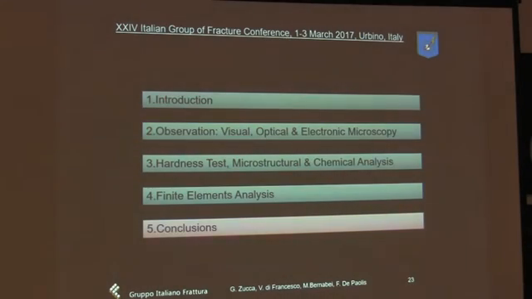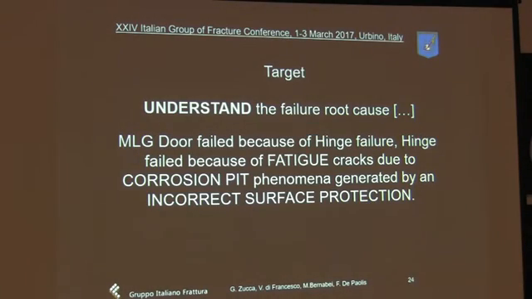So what we can say in conclusion about the failure root cause is that the landing gear door failed because the hinge failed, and the hinge failed because fatigue cracks propagated due to corrosion pits. And the lead role is assumed by an incorrect surface protection.